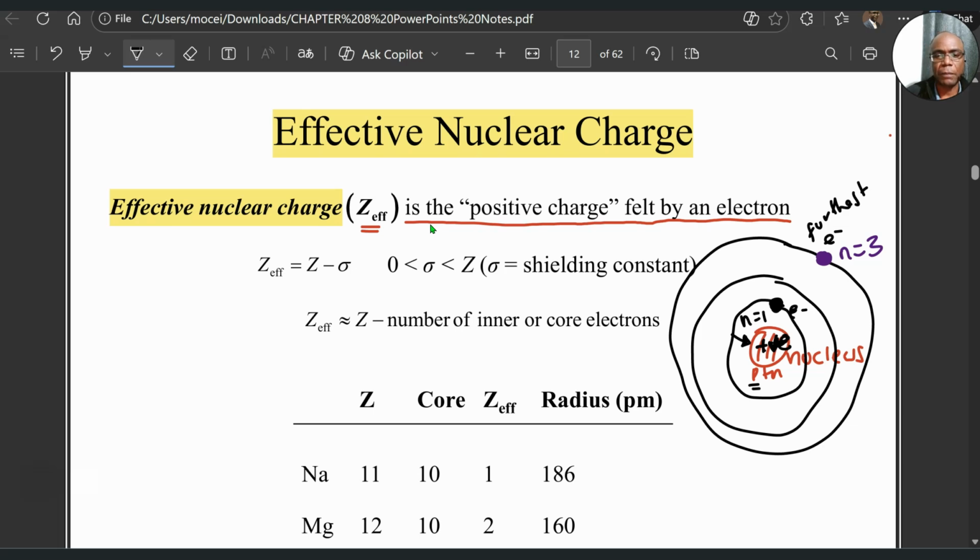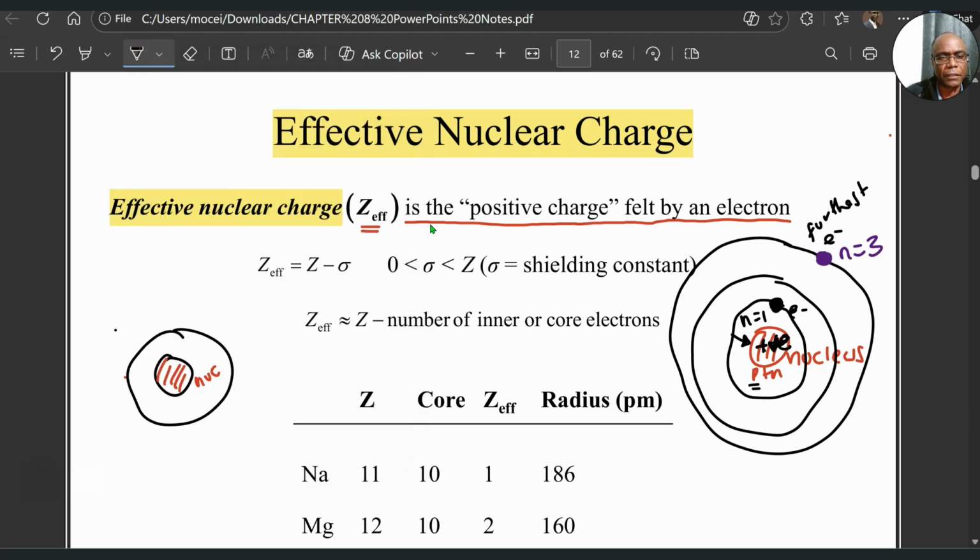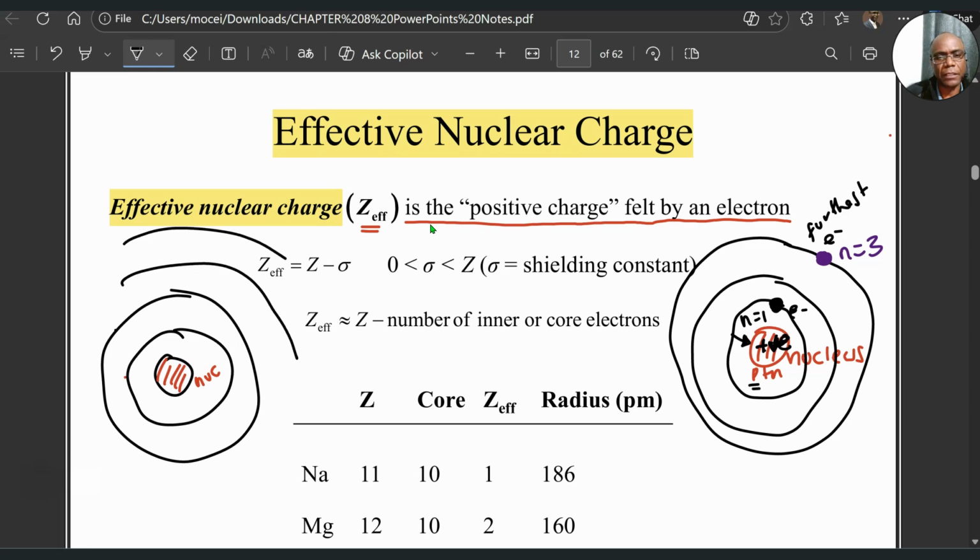Now, there's a problem. Here's the problem. If this is your nucleus again, and you have a bunch of energy levels, so let me draw now. This time I'll exaggerate and put an electron on n equals 4.